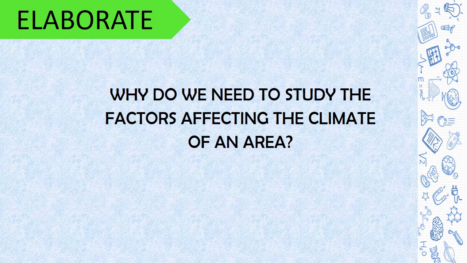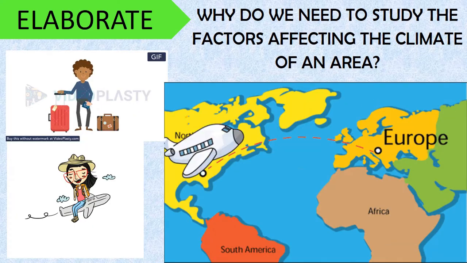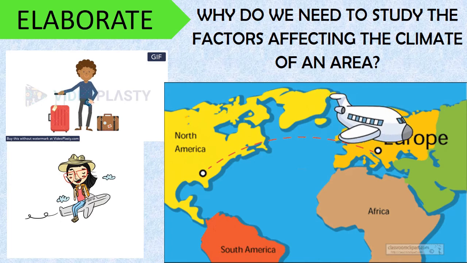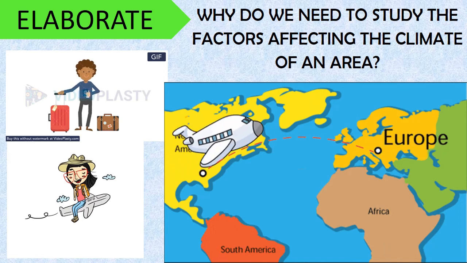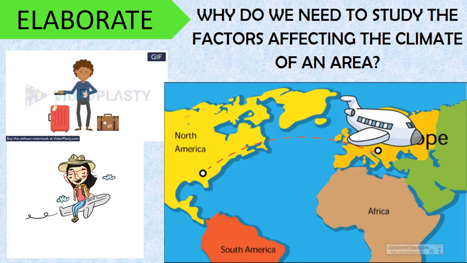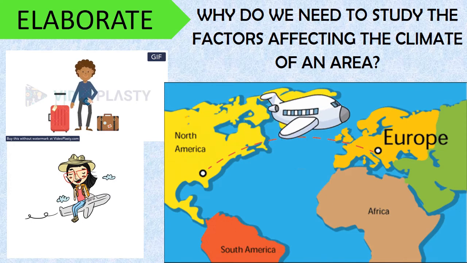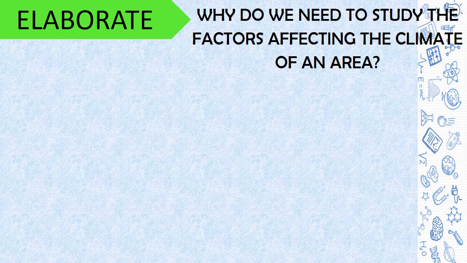And why do we need to study the factors affecting the climate of an area? Specifically for this day, we have the factors, the latitude and the proximity of the bodies of water. For example, if you want to travel abroad and eventually will stay there for a long period of time, considering the latitude and proximity to large bodies of water of that place is very important. If you want to go to a place near the equator or far from the equator, or if the place you wanted to go is surrounded by large bodies of water, these factors can help you know the climate of that area.